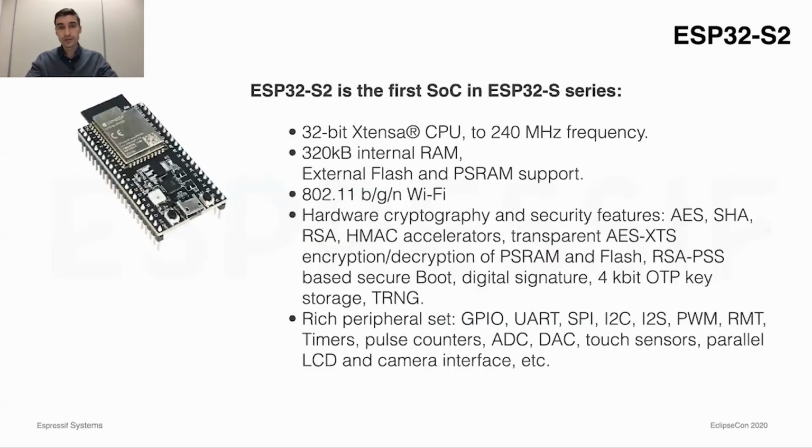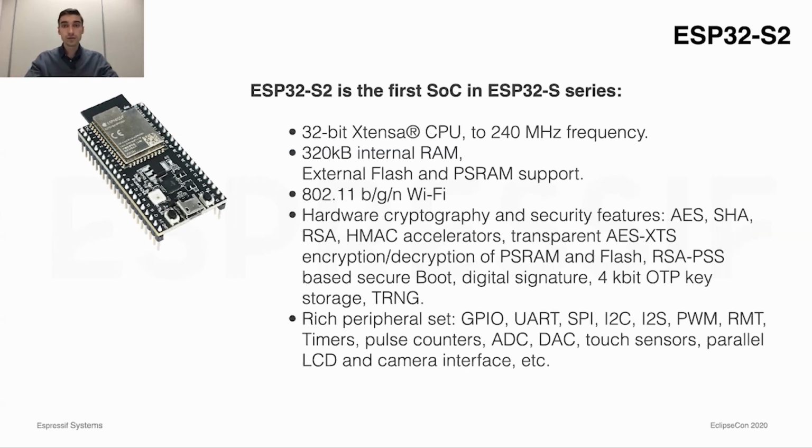Here are some more details about the ESP32-S2, which was launched this year. Compared to the ESP32, it has improved cryptographic accelerators and physical security features. It has larger OTP key storage. It has a hardware digital signature module in addition to the flash encryption and secure boot, which were present in the ESP32.